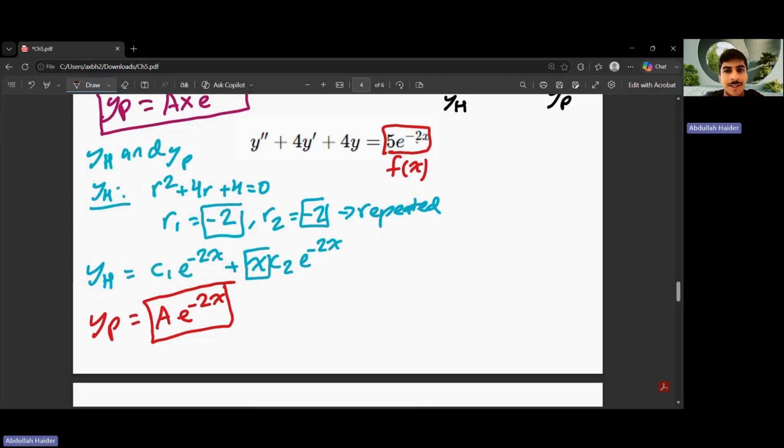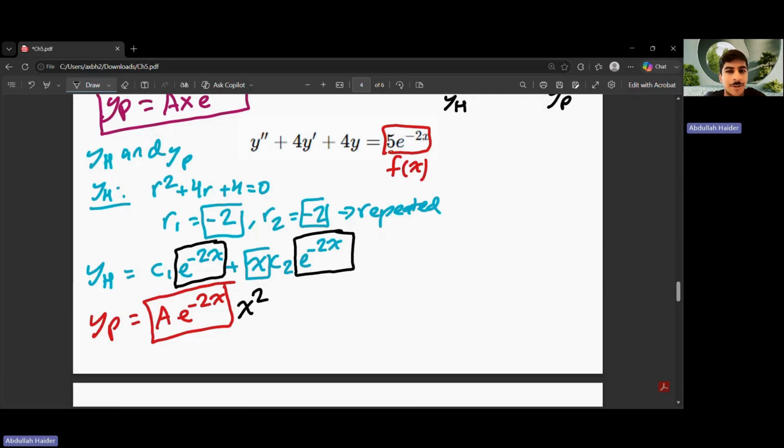So this is e power negative 2x, and you have an e power negative 2x here. You have an e power negative 2x here. So basically, the e power negative 2x in the f of x on the right side appears twice in the homogeneous equation. So for this reason, you will multiply this by x squared. That's it. Why?